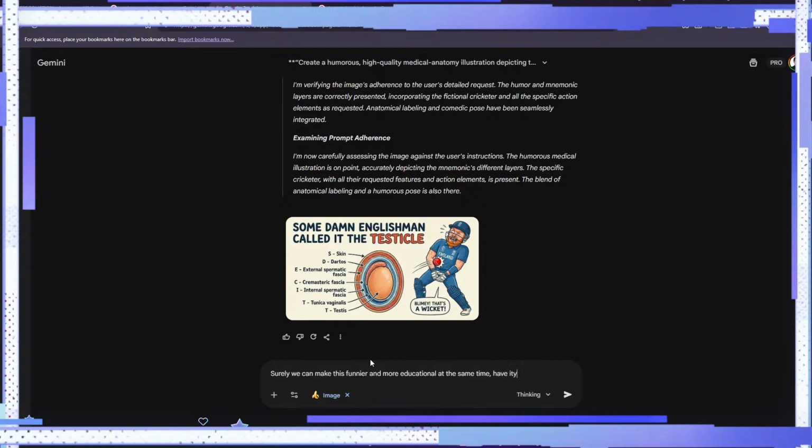Have it be so that the testicle is the cricket ball itself, and this whole infographic is depicted in a cricket stadium slash pitch.